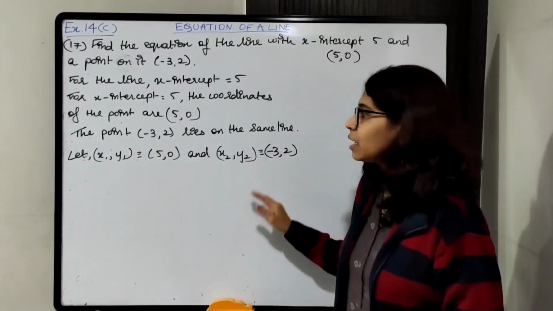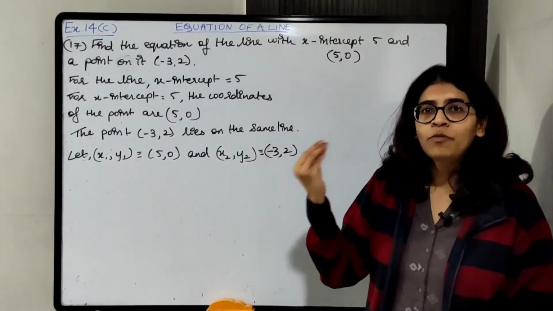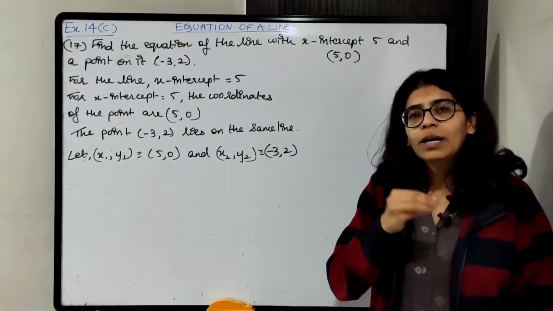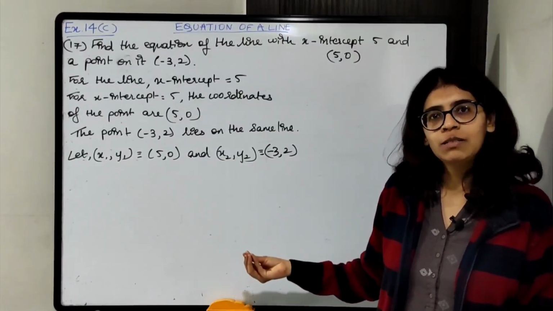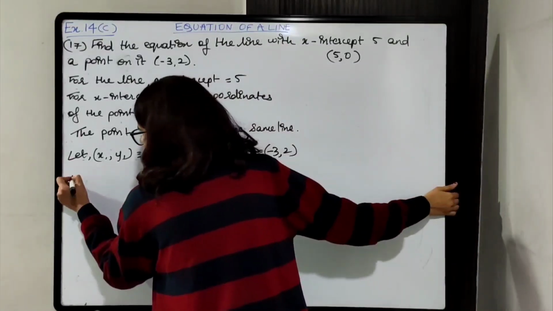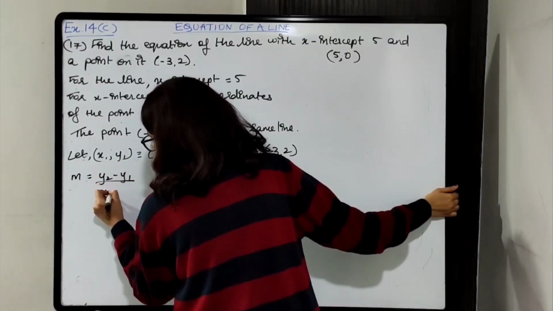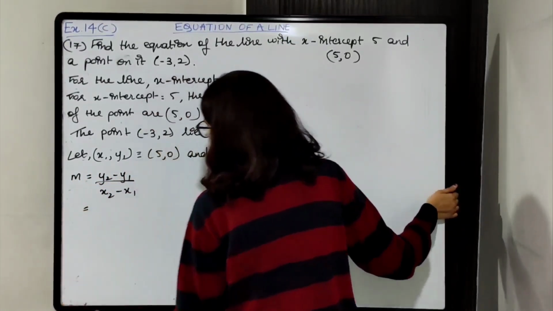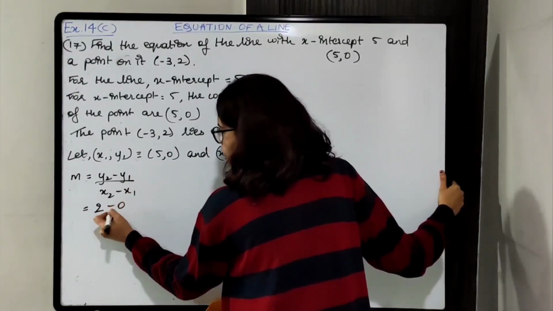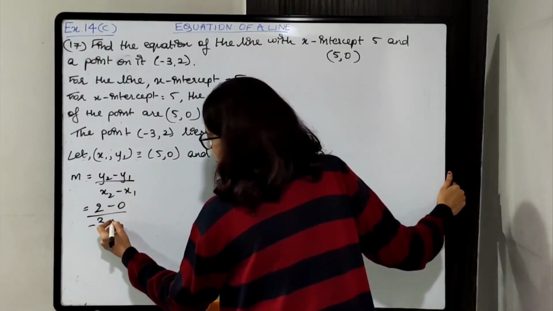Okay. Since we got x1, y1 and x2, y2, we'll find out the slope first. पहले slope find out करना है and then we'll find out the equation of the line using the formula y minus y1 is equal to m into x minus x1. So m चाहिए हम लोग को, slope चाहिए. So m is y2 minus y1 upon x2 minus x1. y2 क्या है? 2. y1 is 0. x2 is minus 3 and x1 is 5.